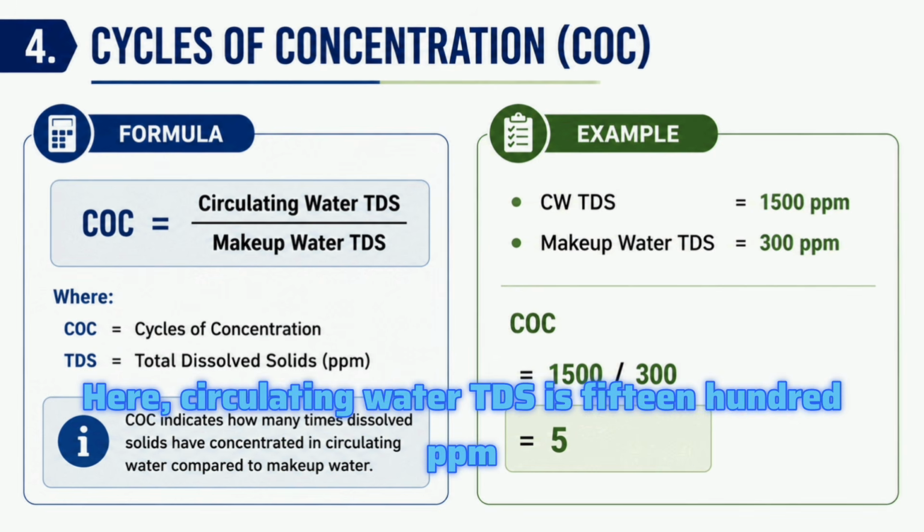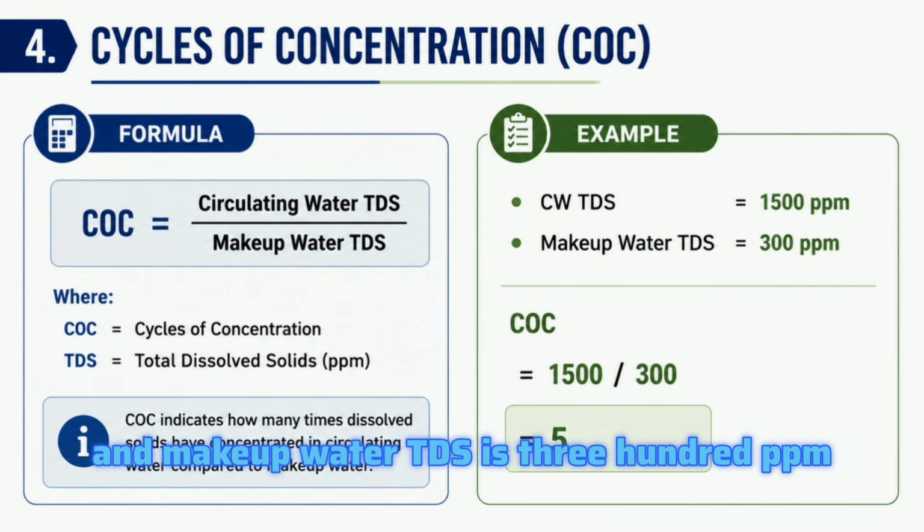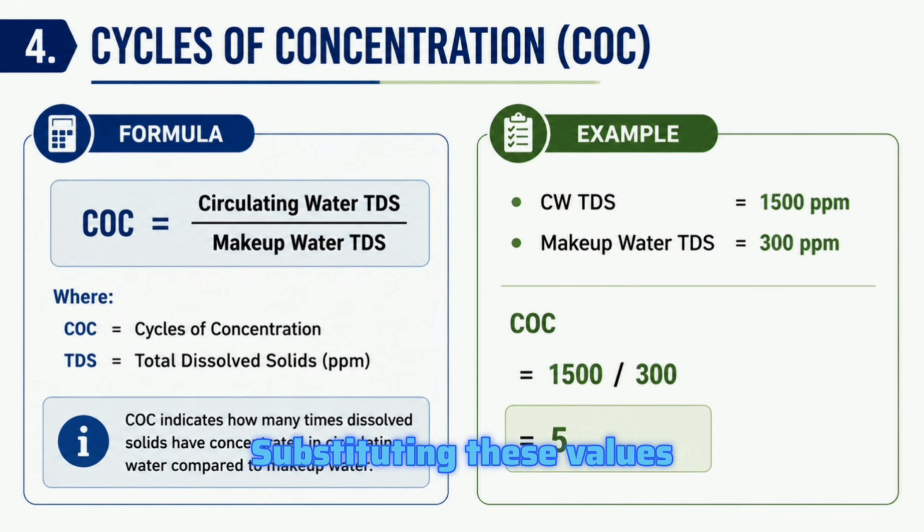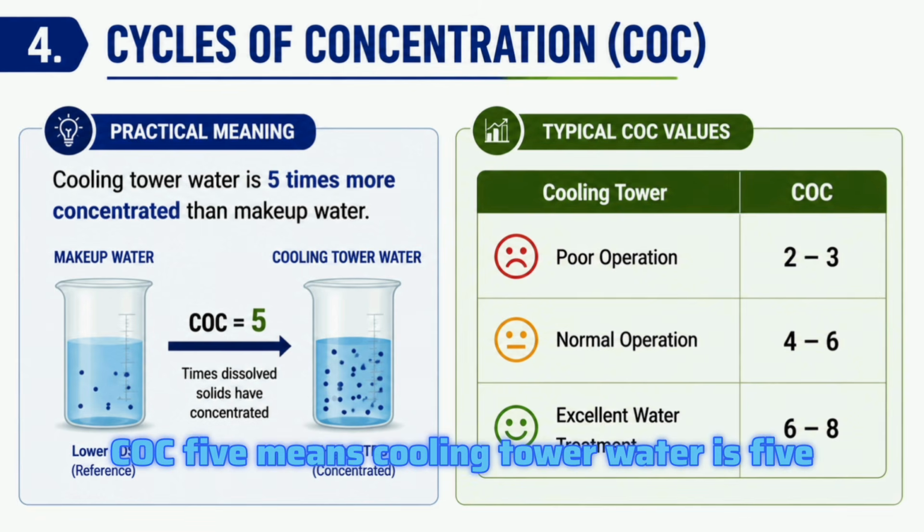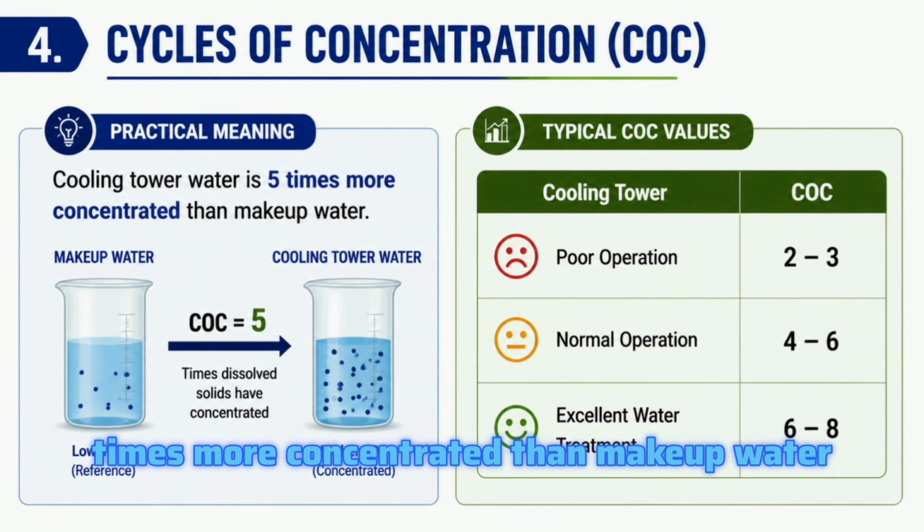Here, circulating water TDS is 1500 ppm and makeup water TDS is 300 ppm. Substituting these values, we get COC as 5. COC 5 means cooling tower water is 5 times more concentrated than makeup water.